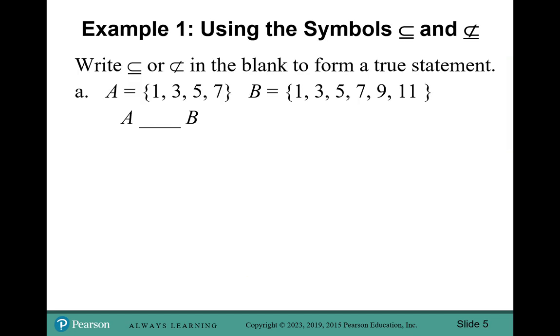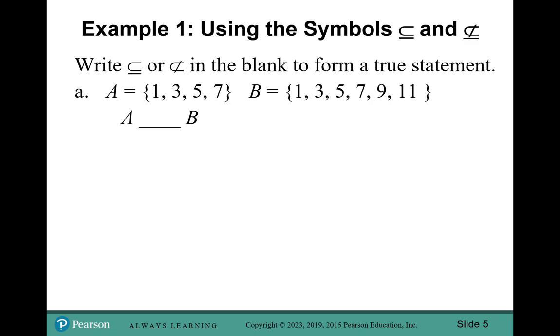So let's look at some examples. Example 1, using the symbols subset and not a subset. We want to write the symbol for subset or not subset in the blank to form a true statement.